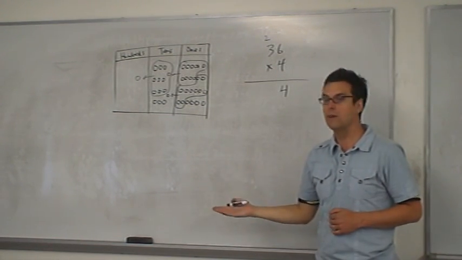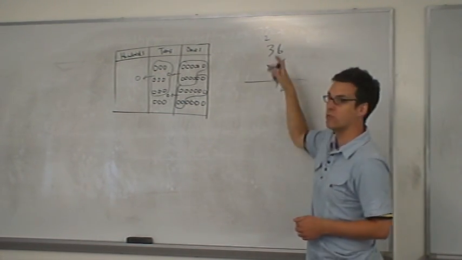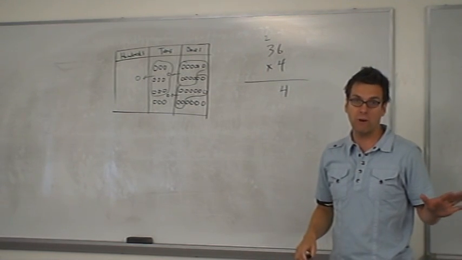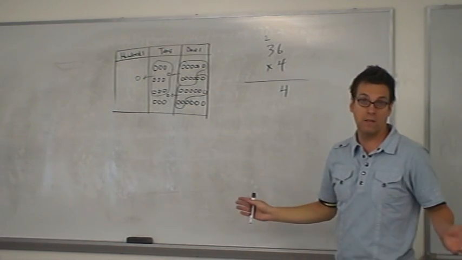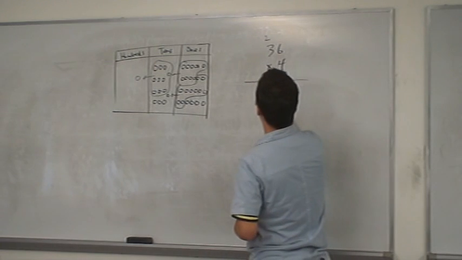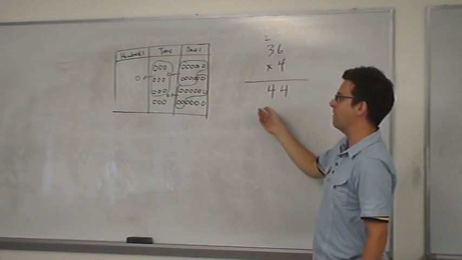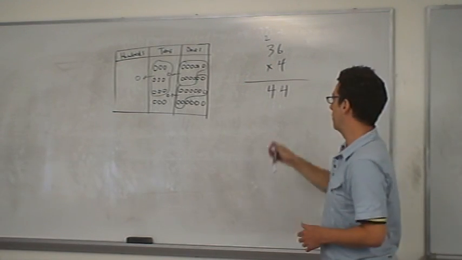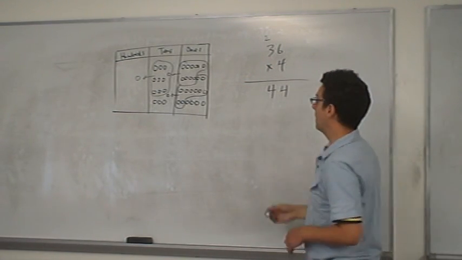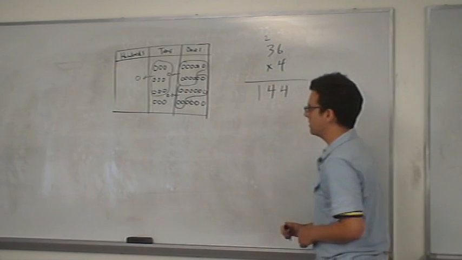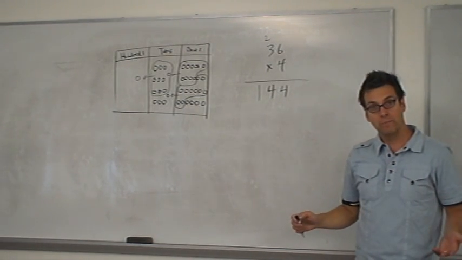It seems arbitrary on the surface, but if we draw a model, it seems perfectly reasonable. So that's where we get our 4 tens and then 1 hundred. So a 4 goes in the tens place of our answer, a 1 is in the hundreds place of our answer, and there we have it.